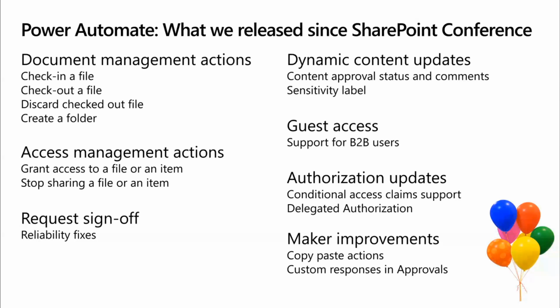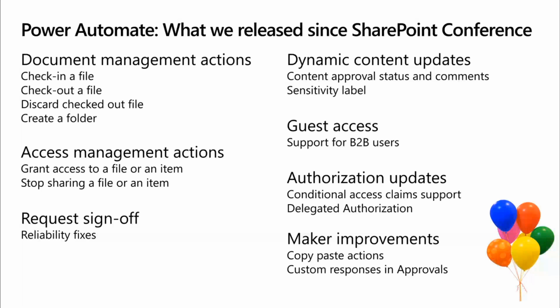However, we don't have external users, as in not a B2B user support for Flow yet. Authorization updates, we did support improvements to conditional access claims and delegated authorization scenarios. So if you have a conditional access claim, your laptop needs to be used only in a specific location, and you move away from that and you go try to use Flow, it will tell you that you can't use Flow from SharePoint as well.